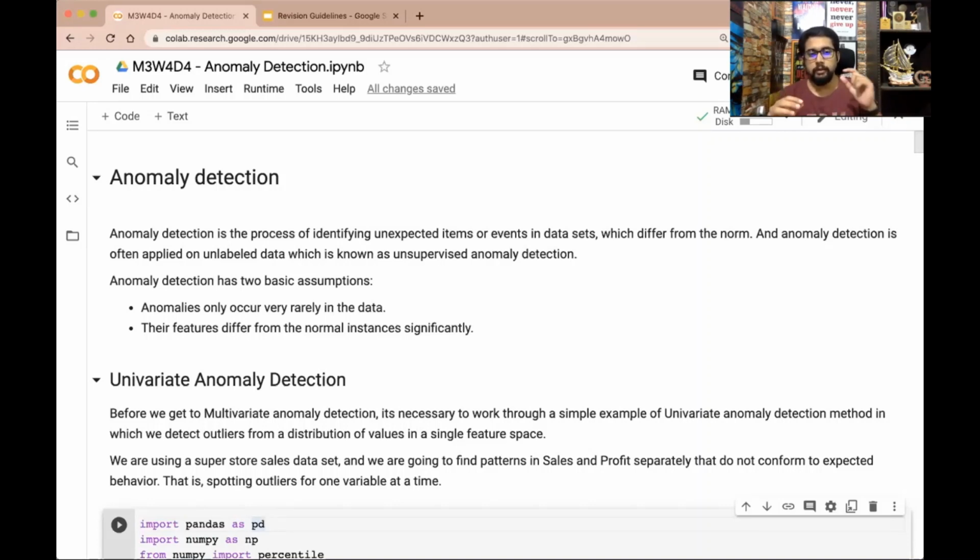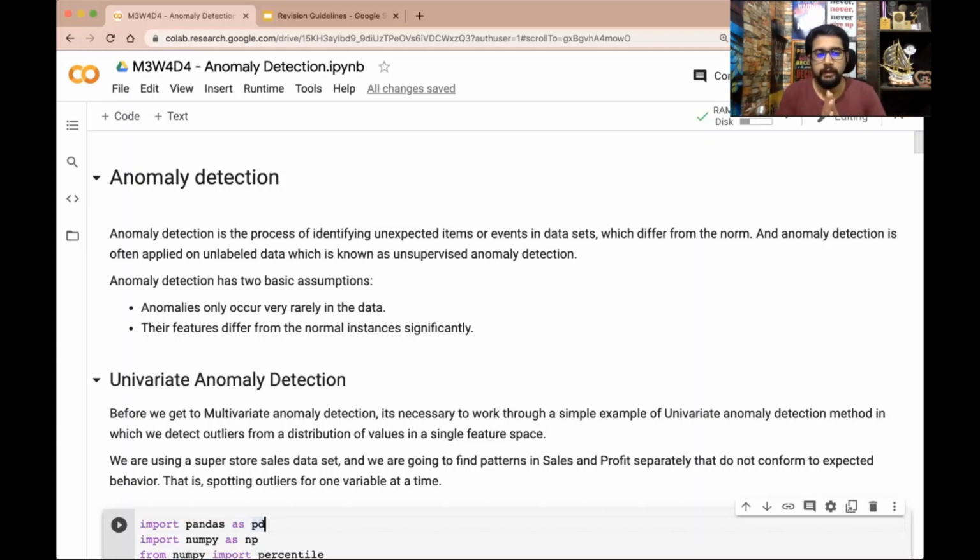There are two basic assumptions when we talk of anomaly detection techniques. All the anomaly detection techniques work based on two assumptions. The first assumption is that anomalies only occur very rarely in the data, so they will be small in number compared to the normal observations. Whatever is not an anomaly, I'll call a normal observation. Anomalies will always be rare, as in they will be fewer than the normal observations.